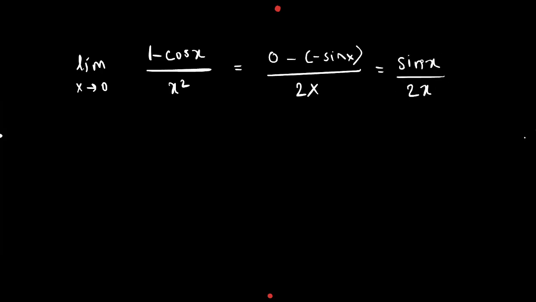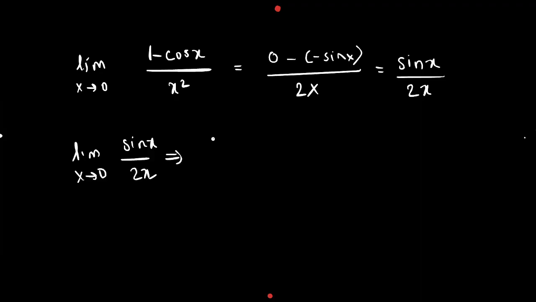If we now use direct substitution, we once again get 0 over 0, so we have the indeterminate form again. So what do we do? Well, we apply L'Hopital's rule again. We take the derivative of this numerator and this denominator once again. So writing this out again, the limit as x approaches 0 of sine x over 2x.